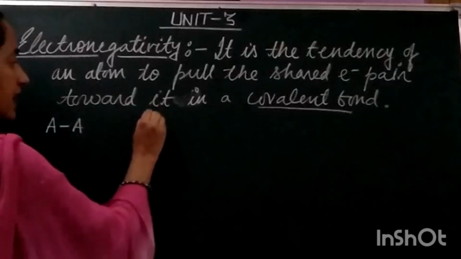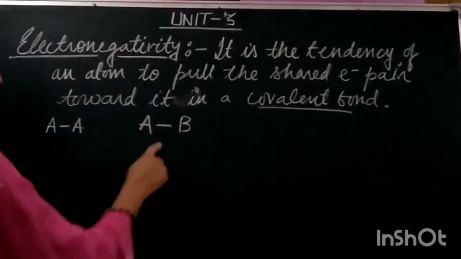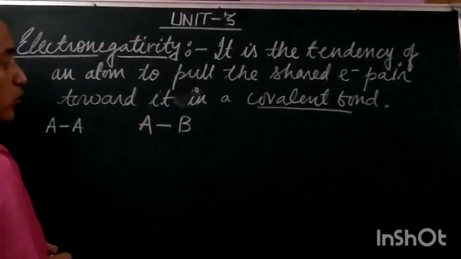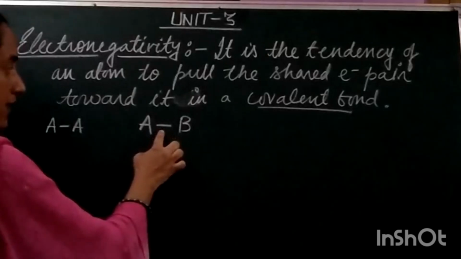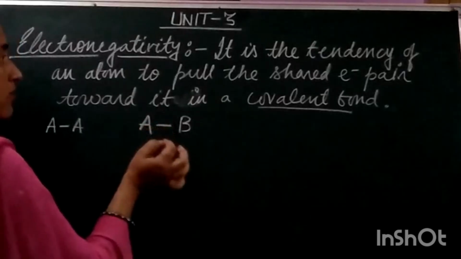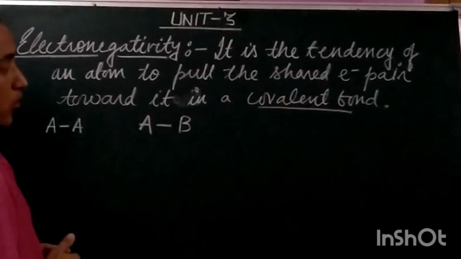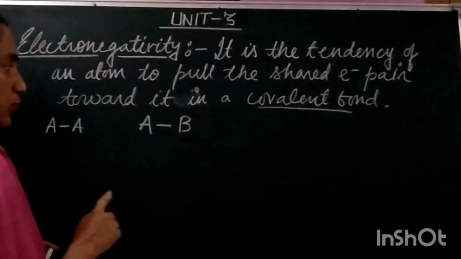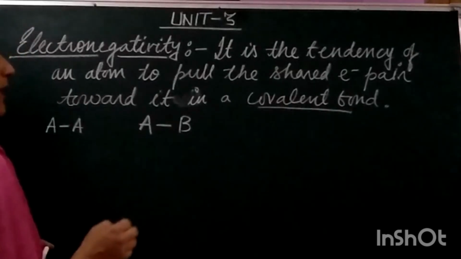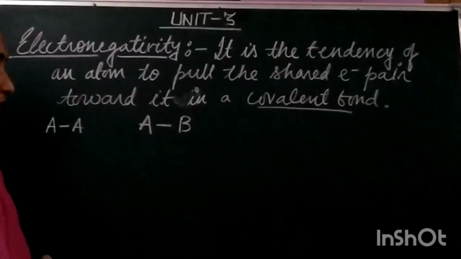But students, if we take an example here, A dash B, or A bonded with B, here also this bond formed between the two atoms is a covalent bond. The sharing of electrons has taken place, but you have to keep in mind that in this case, the shared electron pair will always be tilted more toward the atom which has the strong tendency to pull it, and that tendency will depend upon the nuclear charge of that atom as well as the size of the atom, right?